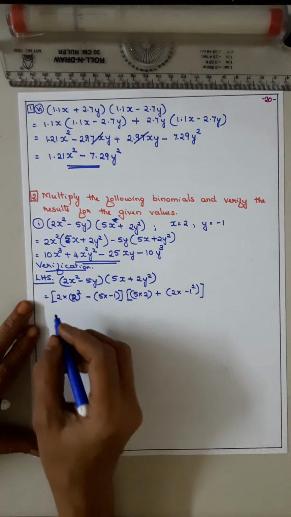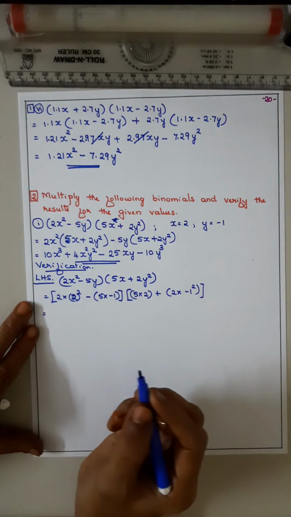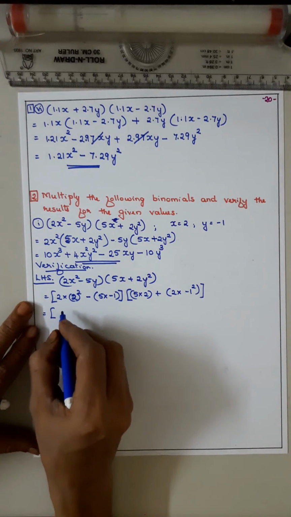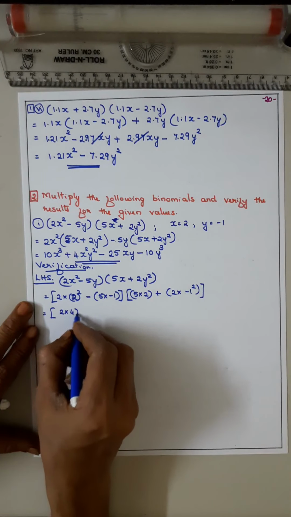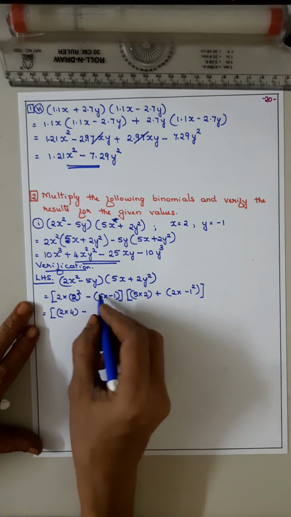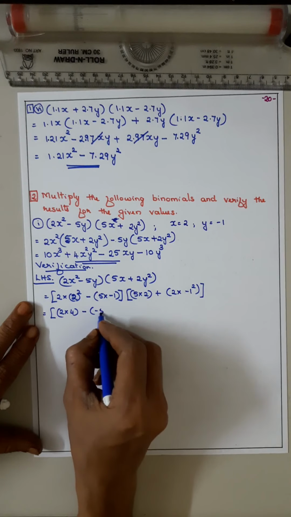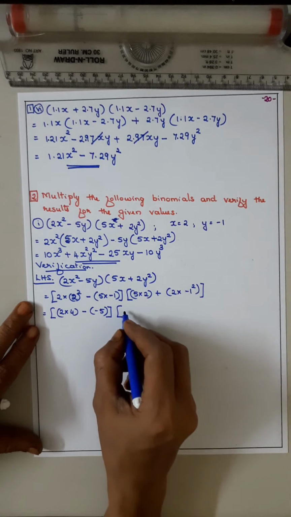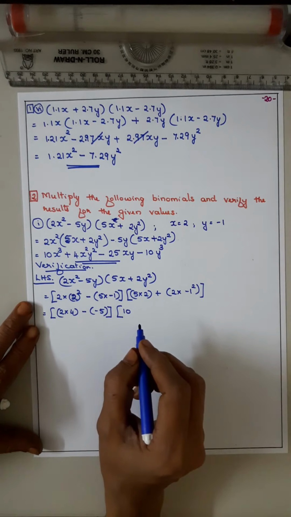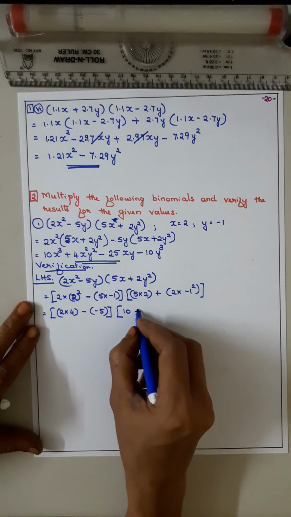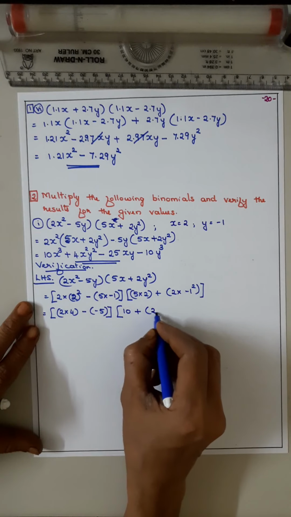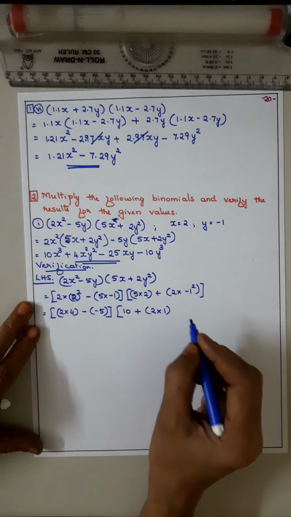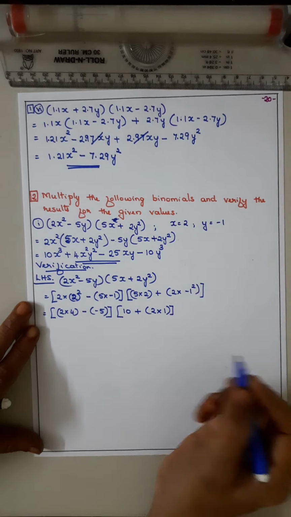Okay, now it will be 2 into 2, 2 2s are 4, minus, this becomes minus 5. Now here 5 2s are 10. Now plus 2 into minus 1 square becomes 1 plus 1, isn't it?